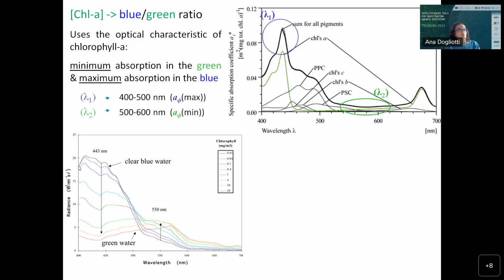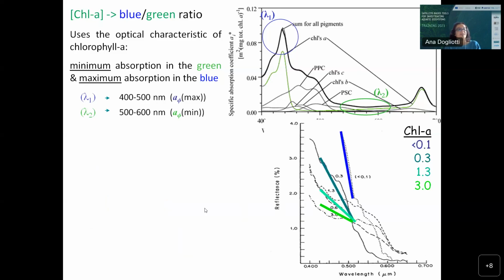If we look at how the water reflectance changes when the chlorophyll concentration increases, given the high absorption in the blue, the reflectance will decrease in the blue, while in the green, given it's almost constant, it will basically stay the same or slightly increase.